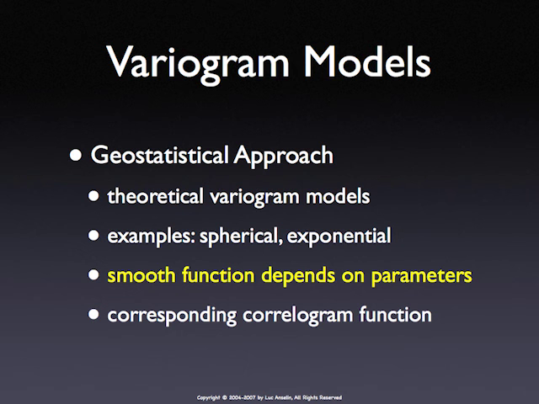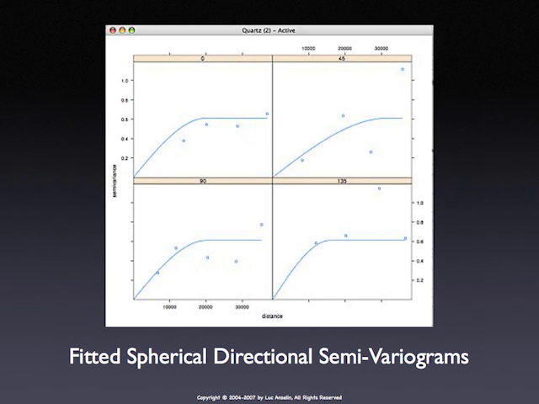This is an example using pollution data, and this is an example of a directional variogram. So we take distance and direction, and for each of these we have these smooth functions. The dots are the actual semivariogram estimates for discrete bins, and what is going on is you replace these discrete points by a smooth function.